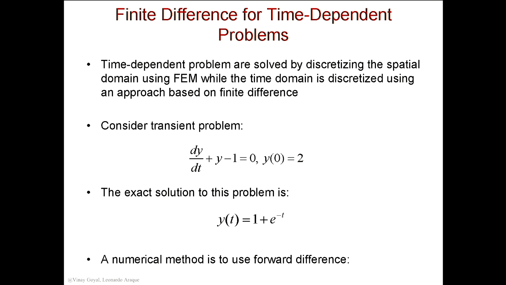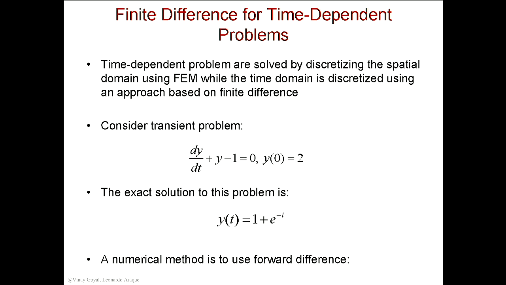So let's consider a simple transient problem. Very simple: dy/dt plus y minus 1 equals 0 with an initial condition. This initial condition is y at 0 equals 2. Now, everything you've seen in this class so far has been differential equations or partial differential equations that are dependent on the spatial domain, not time domain.